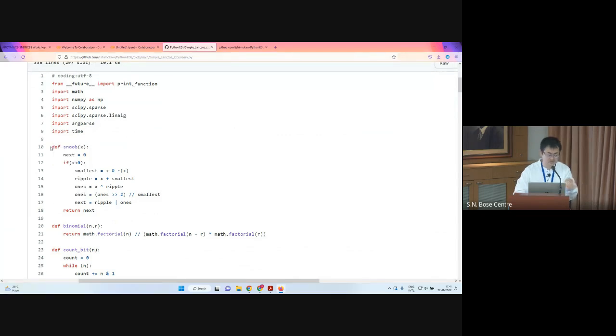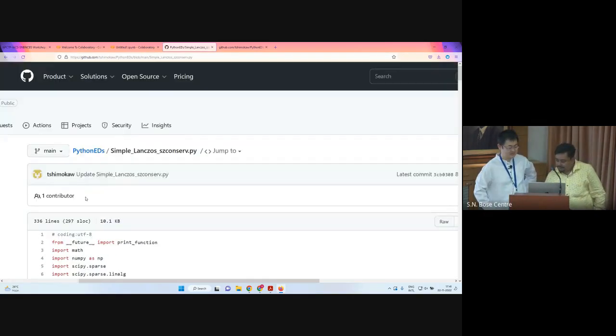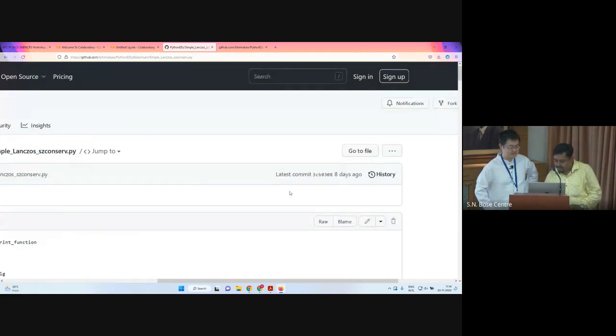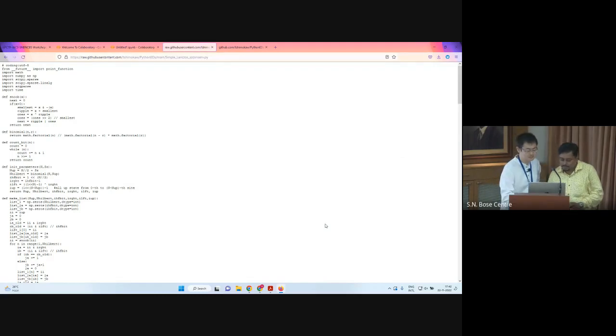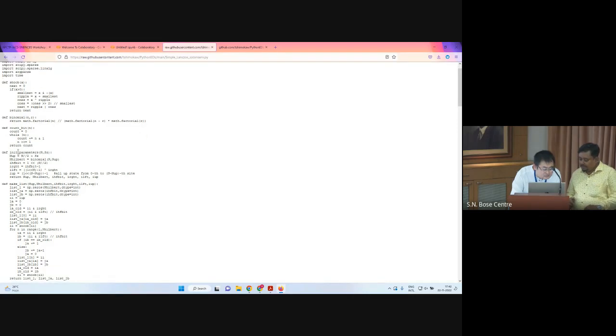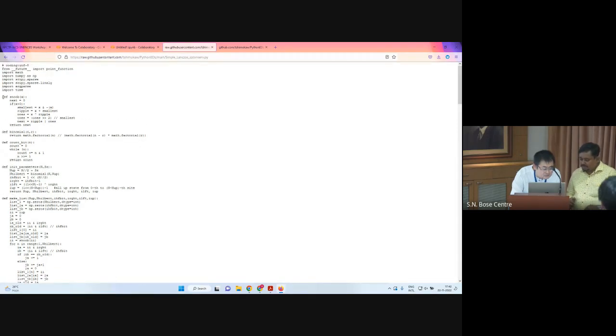Can I copy these lines? Can I use a mouse?